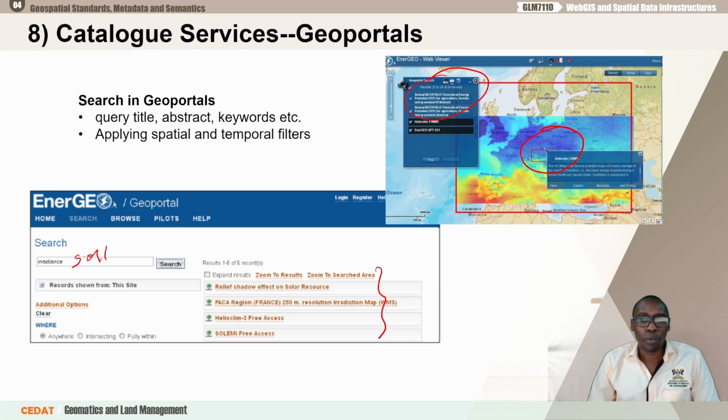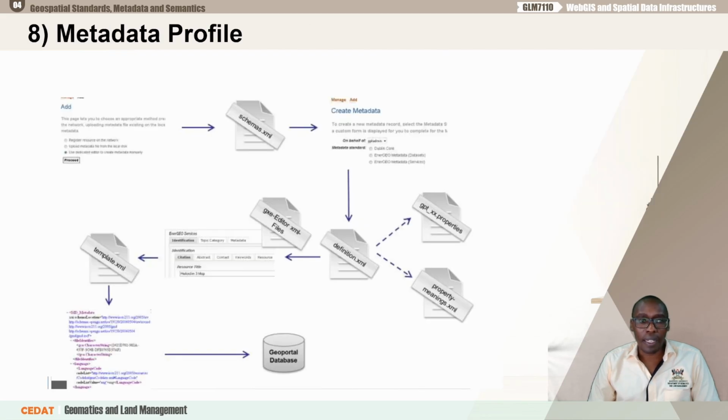So typically, we create profiles, and here we get the XML document, the schema. Remember that metadata is encoded using XML, as you can see here. So our role is to get the schema and define the tags that we need, extract the part of the schema that is important for us, and then put it into the database, the geoportal database.